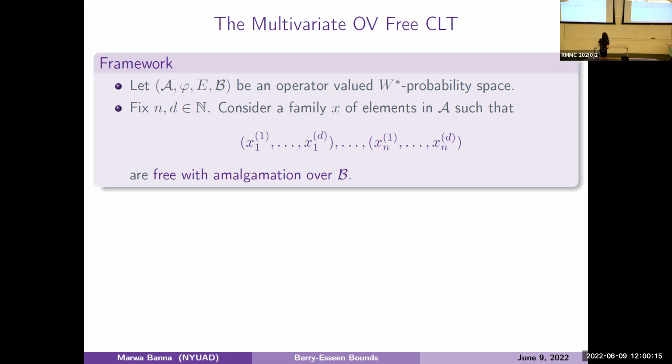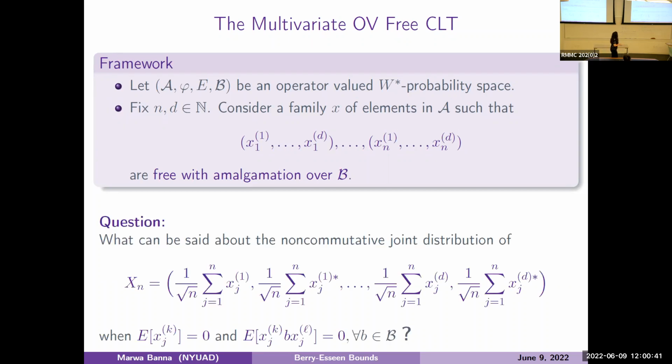So now, in the time remaining, I'm going to talk a bit about the multivariate setting. Now if we consider tuples, x11 through x1d, up to xn1 through xnd, the tuples themselves are freely independent, but inside each one we allow correlation.